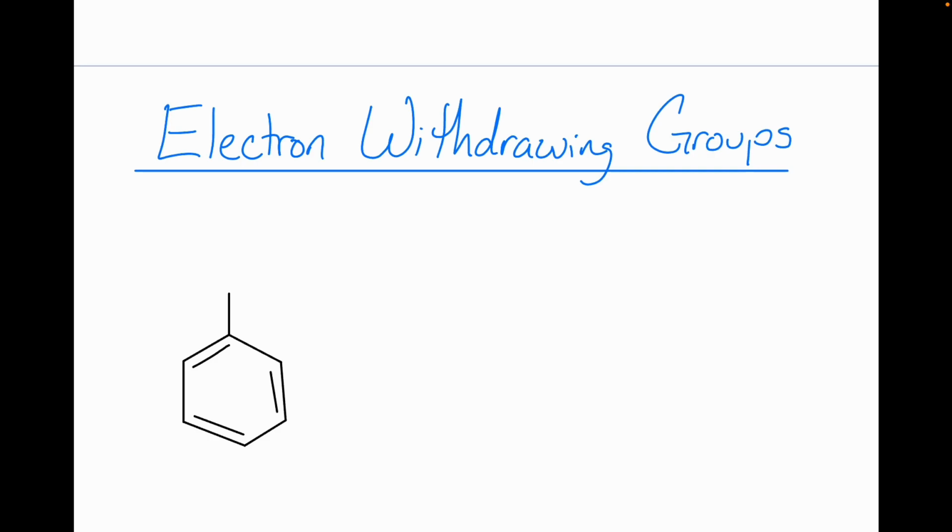We talked about how carbonyl carbons are electron withdrawing groups, and that's true. The one best electron withdrawing group that you could possibly have is that fancy nitro group that we introduced.